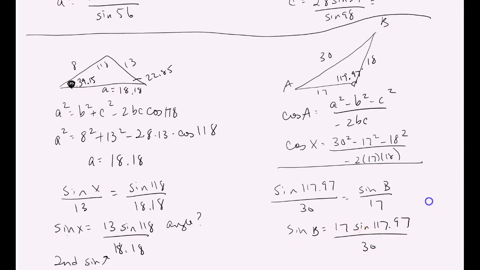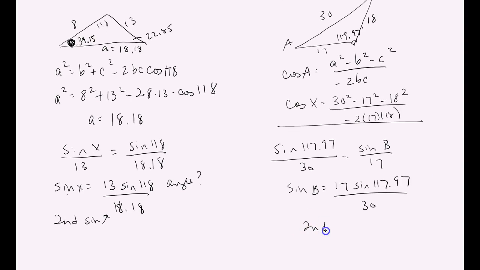Once again, I need to enter this as a second sine of all of that because I'm looking for an angle, okay? So second sine, and I'm going to have 17 sine of 117.97 divided by 30. Okay, I'm getting 30.04.